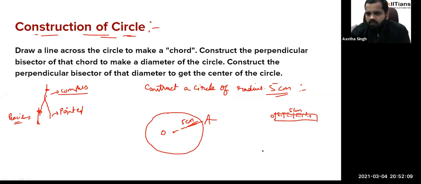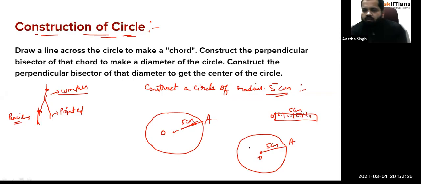How is a circle formed? Just take a line segment and revolve it about its center, right? So you will find that your circle of 5 centimeter radius will be drawn, right? So this is how you will construct a circle shape.